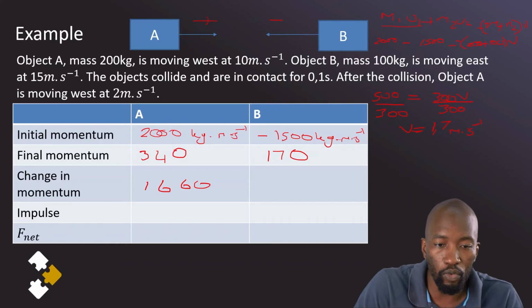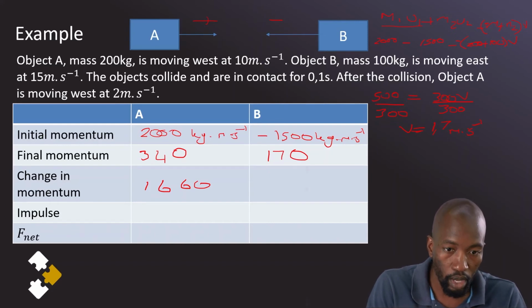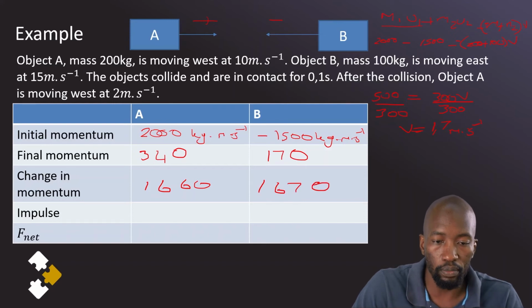Let's do the same for object B. 170 minus a negative 1,500. And that is just going to be 1,670.